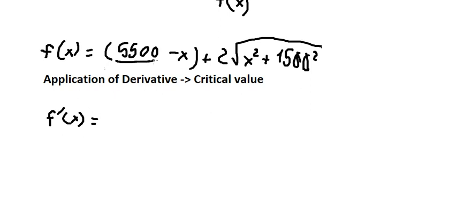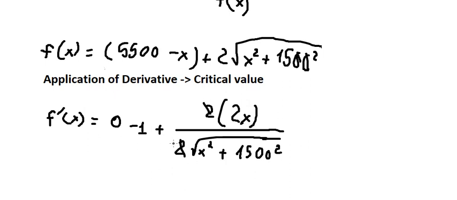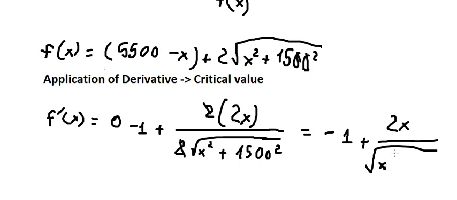The derivative of the constant is 0, and this one gives us 1. For the square root, the derivative has 2 times the square root of s square plus 1500 square, and then 2s. The 2 and 2 cancel, so we simplify and have negative 1 plus 2s over the square root of s square plus 1500 square.